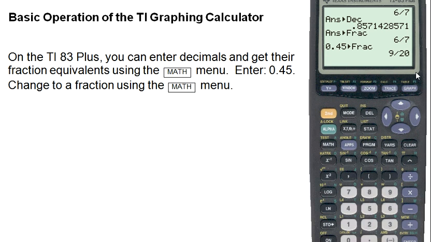It generally does this for terminating decimals that have like 2, 3, or 4 decimal places. If you get out to really long decimal fractions, it doesn't always do that. Okay?